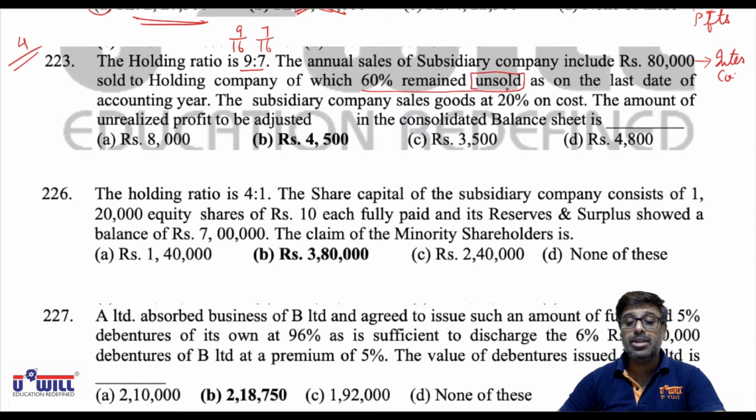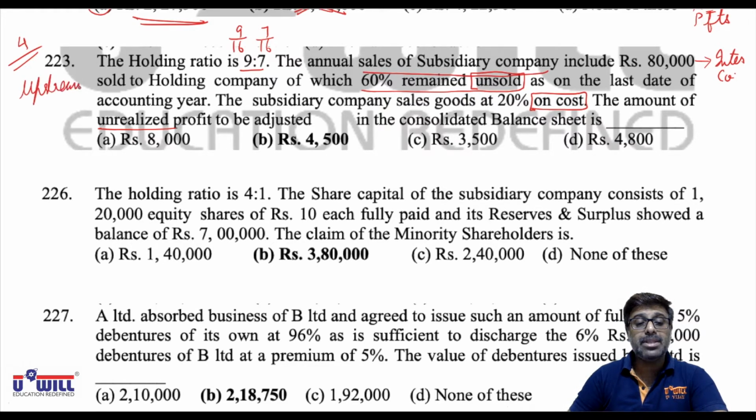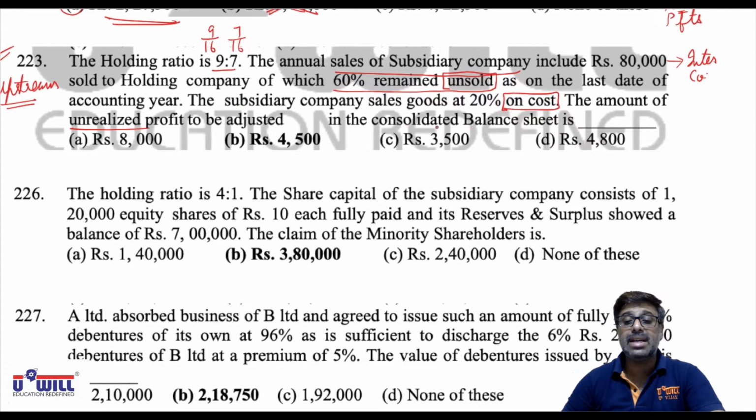We are concerned with unsold goods only when we try to find the unrealized profit as on the last date of the accounting year. The subsidiary company sells goods at 20% on cost. On cost means, I told you the shortcut, 20 by 120 will be done. So the amount of unrealized profit to be adjusted in the consolidated balance sheet is. Now, who has sold to whom? Sales of subsidiary company means it is upstream sale. Subsidiary has sold to holding company, so it is upstream sale.